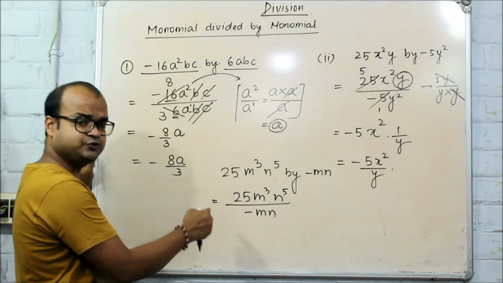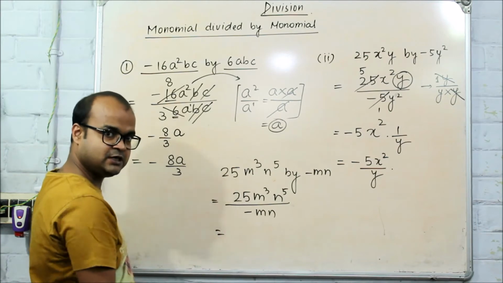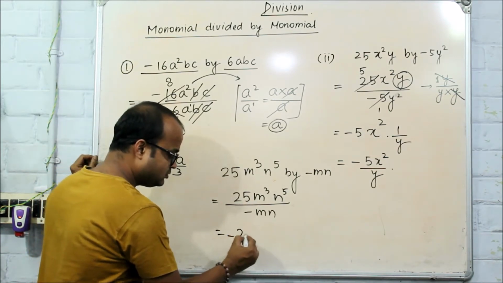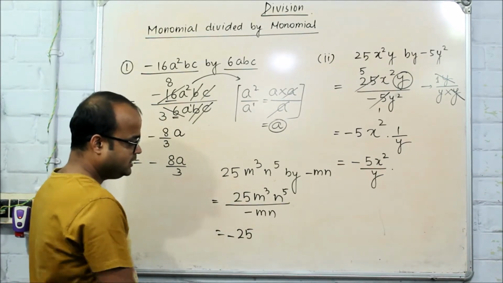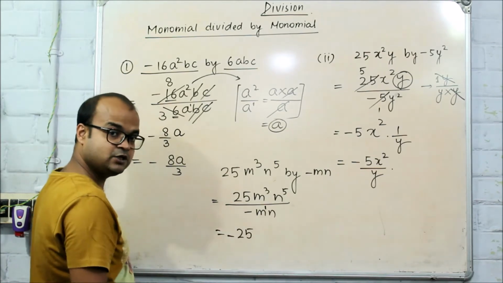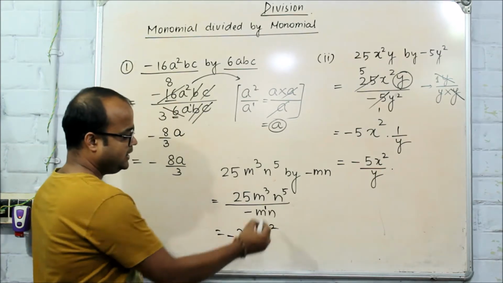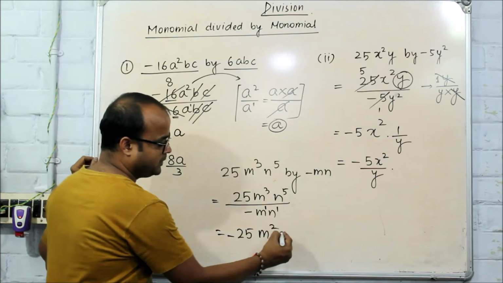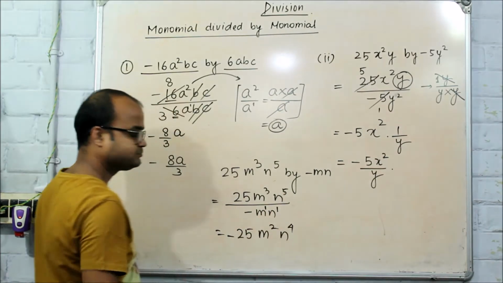I am trying to explain this in another way. The denominator coefficient is 1, so you cannot simplify further, so the numerical coefficient remains minus 25. Here the power is 1, so 3 minus 1 is 2, so we write m square. n power is 1, so you can write n to the power 5 minus 1, that is equal to 4.